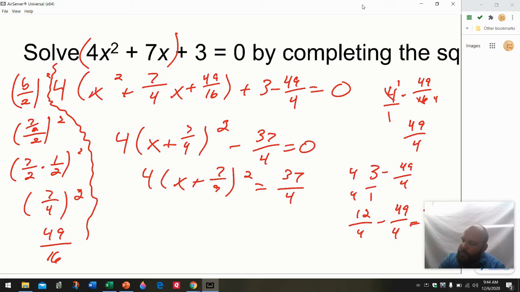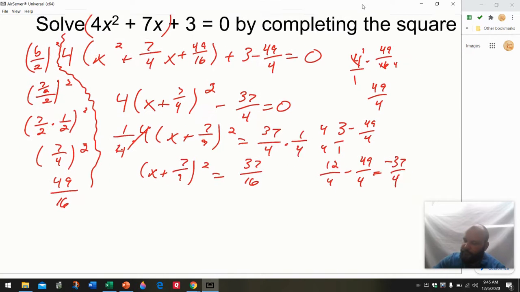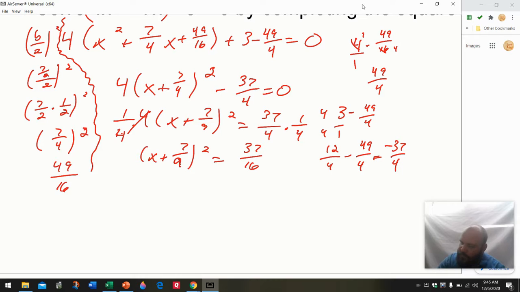Then I'm going to divide both sides by 4, or the same idea is I'm going to multiply by 1/4. So I have x plus 7 over 8, the quantity squared, equals 37 over 16. Remember, this is an 8. Now I'm going to square root both sides.